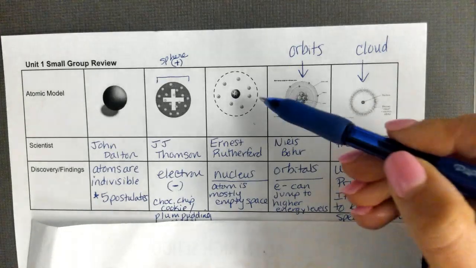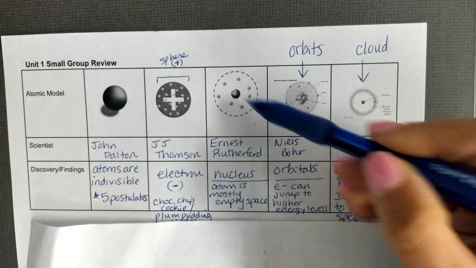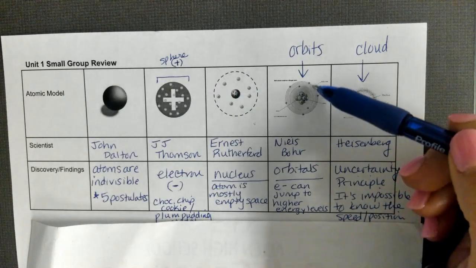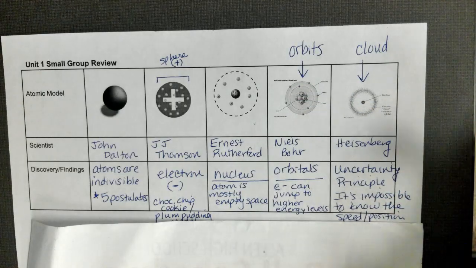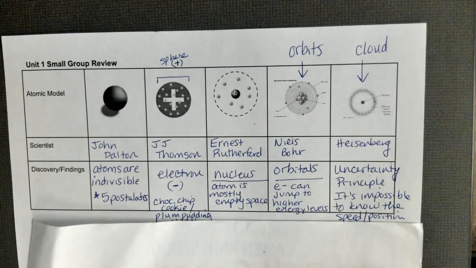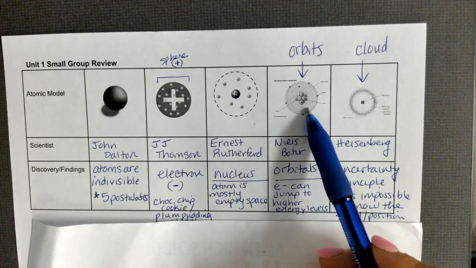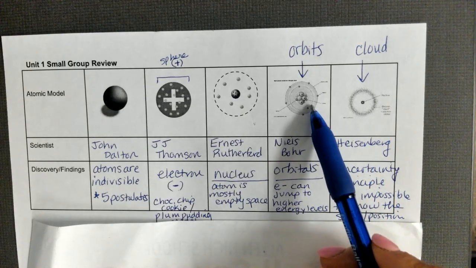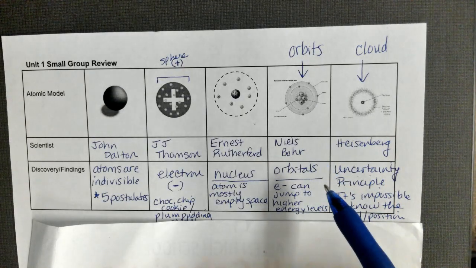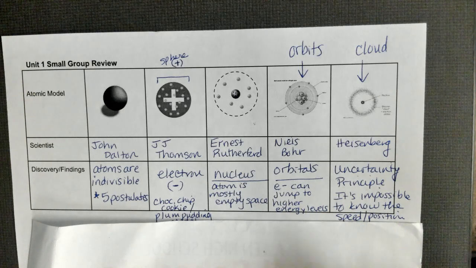So they're not just around the nucleus, they're in these specific locations or orbitals that all go with an amount of energy. So if we have electrons in the first energy level, they can jump out further to areas that we would say would be like in the 3rd or 4th energy levels.